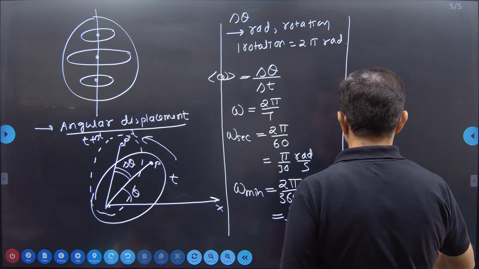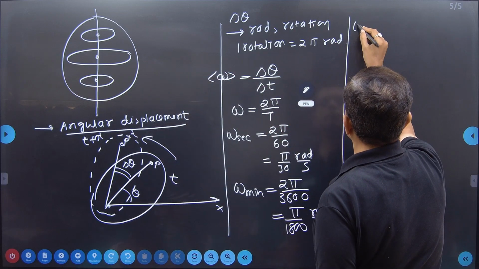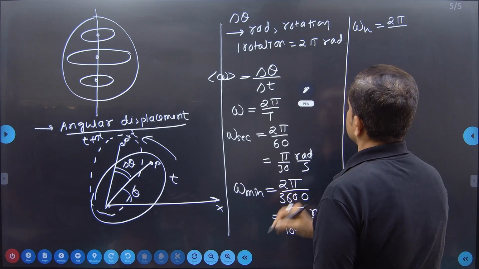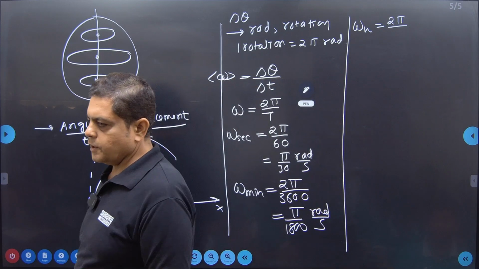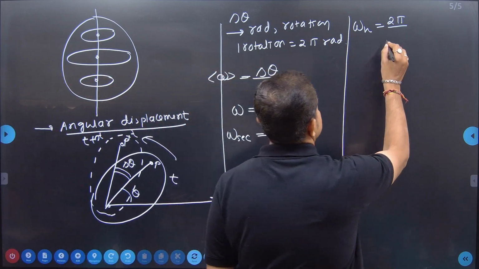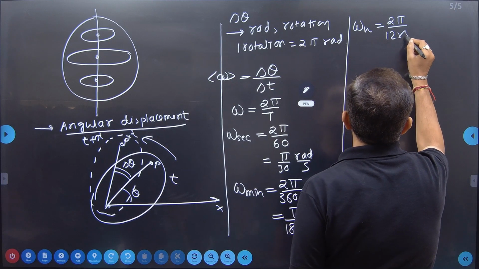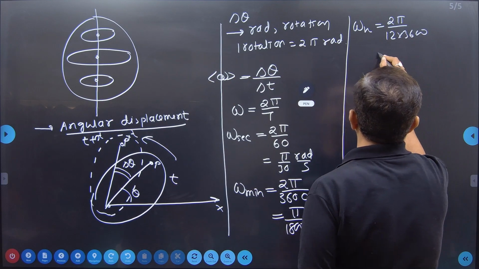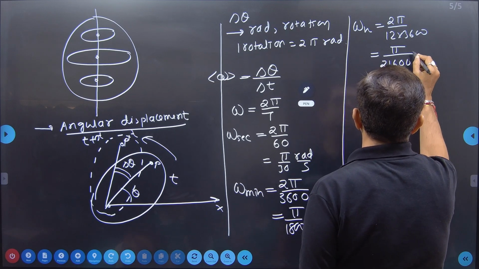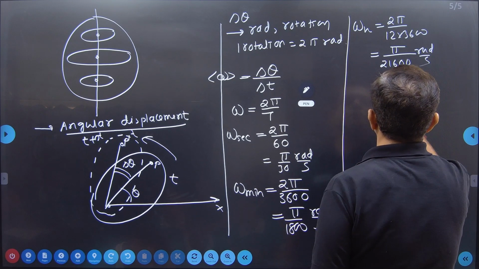Similarly, if I consider the hour needle, to complete one rotation it takes 12 hours. So 2 pi by 12 into 3600, that is pi by 21600 radian per second.